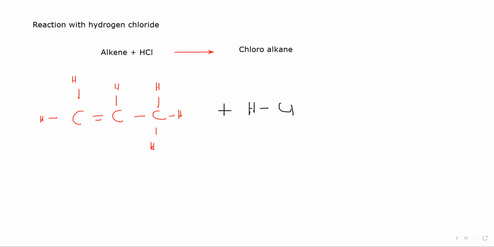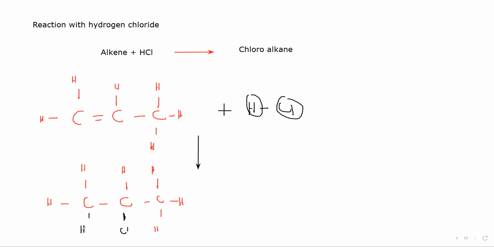To complete the product, first we break the double bond. Now we have two possibilities: chlorine can be attached to the first carbon and hydrogen to the second, or chlorine to the second and hydrogen to the first. For example, I attach chlorine to the second carbon and hydrogen to the first.